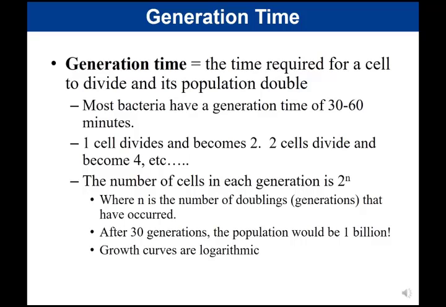So within 10 hours, it would go from one single E. coli to 1 billion in 10 short hours. So that tells you how fast this generation time or how fast this population grows. It grows logarithmically or exponentially, meaning as the population gets larger, it's going to increase the population size at a faster rate.